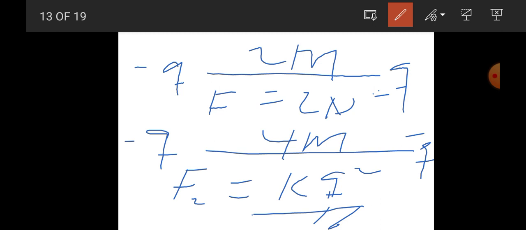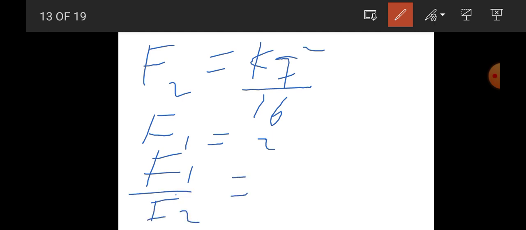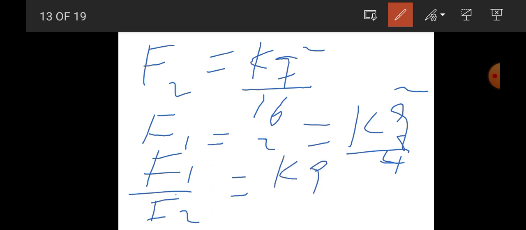So force 2 is equal to k q1 q2, that is k q square over r square, where r is 4 square, that is 16. Taking the ratio of F1 over F2, F1 is k q square over 4, since the distance between them is 4.